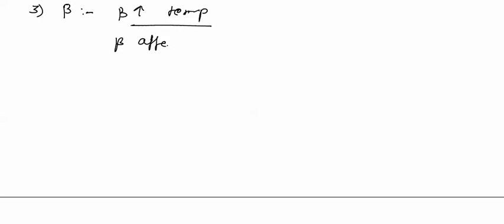Now the third parameter is beta, current gain of common emitter transistor. This beta increases with temperature. Also beta is affected due to a replacement of transistor.